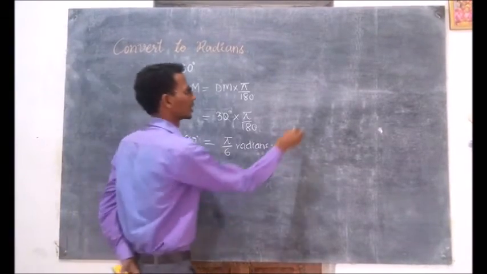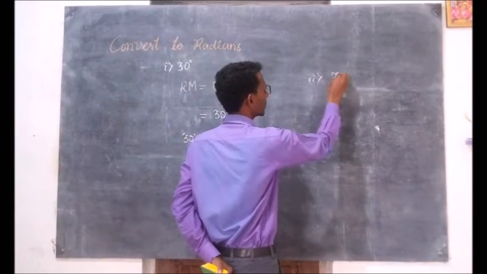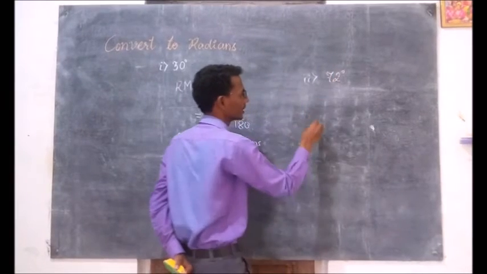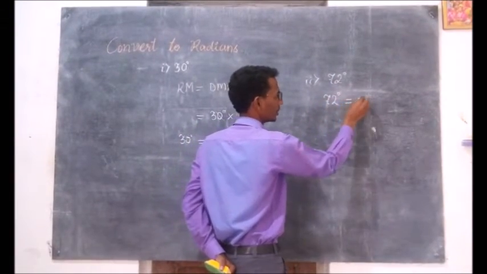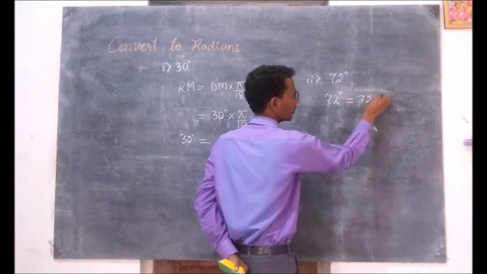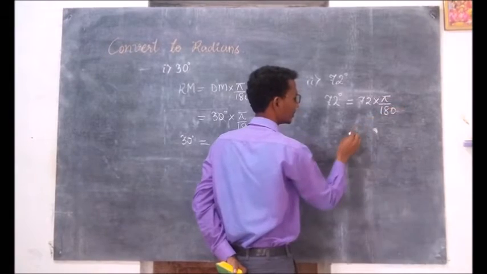Similarly, if you want to convert some angle, let's take 72 degrees. So 72 degrees can be written as 72 into pi by 180.